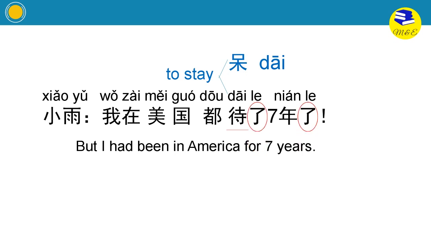And the last 了 at the end just emphasizes 7 years. Such a long time. So the second is not a past tense indicator, it just emphasizes. Yes, you're right. And the first 了 just refers to the past tense.